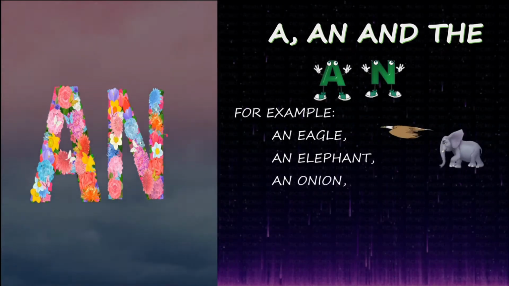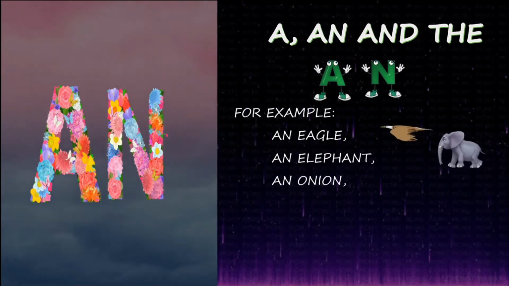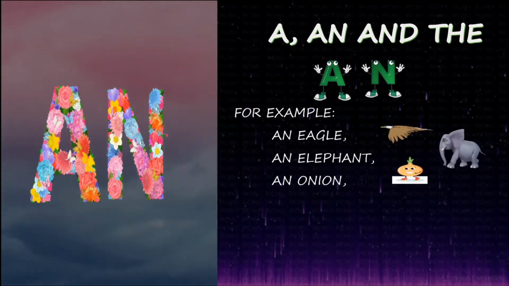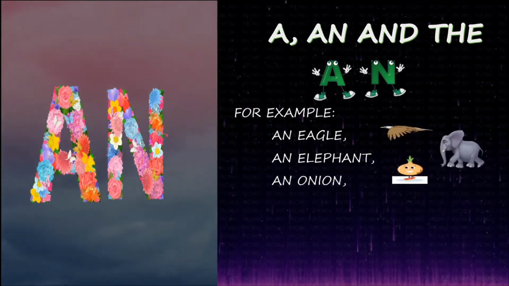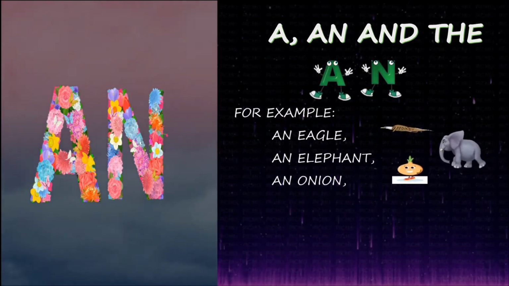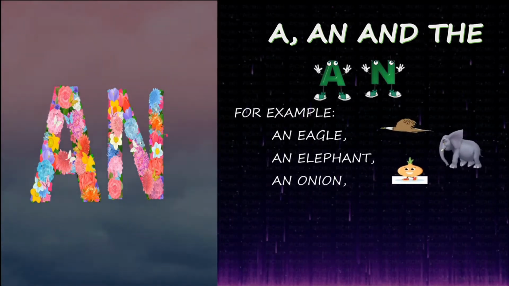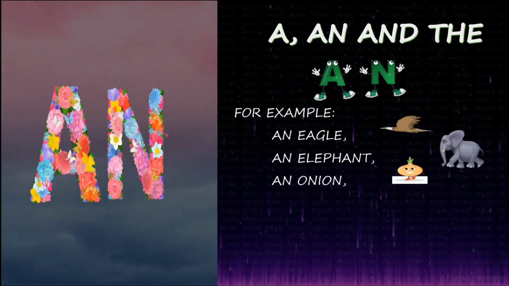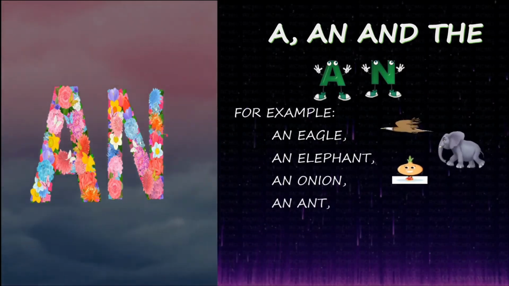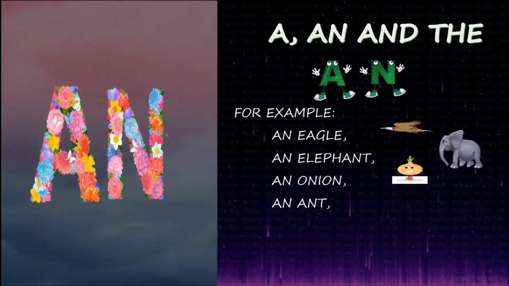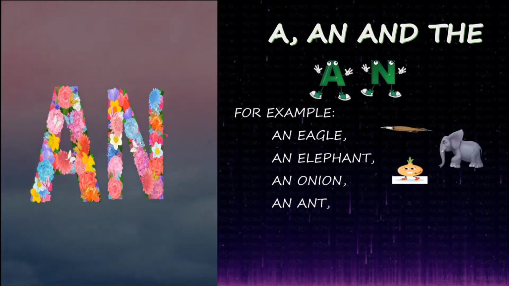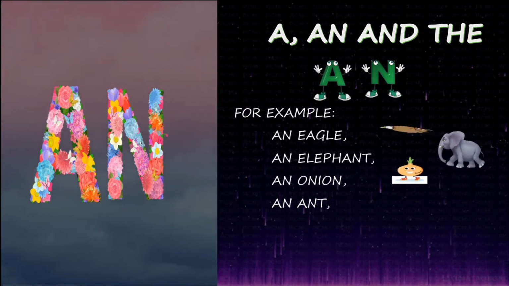And the third one, an onion. O is a vowel. So, we have to use an onion. Next, ant. An ant. What is the beginning letter of this word? A. A is a vowel. So, they have used an.